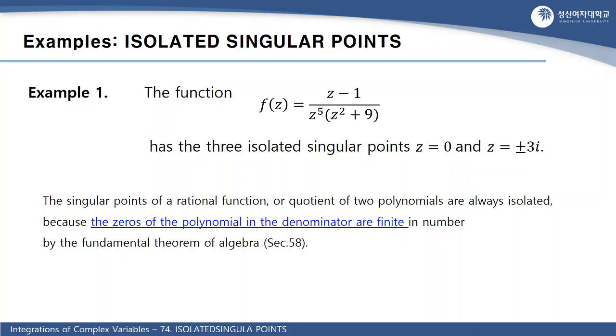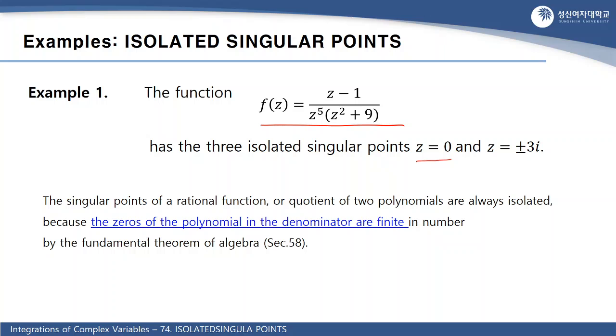Example 1: the function given by f(z) equals z minus 1 divided by z to the power of 5 times z squared plus 9 has 3 isolated singular points, that is z equals 0 and z equals plus minus 3i.